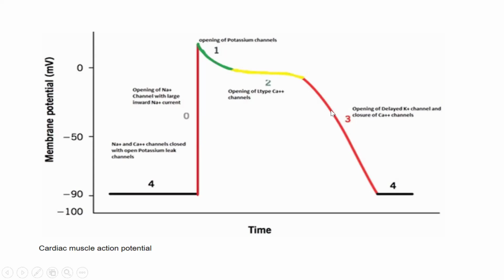Relative refractory period is the period at which you can still stimulate that myocyte to generate another action potential. And the functional refractory period, which I'll also further explain, is the time duration between the effective refractory period and the relative refractory period.